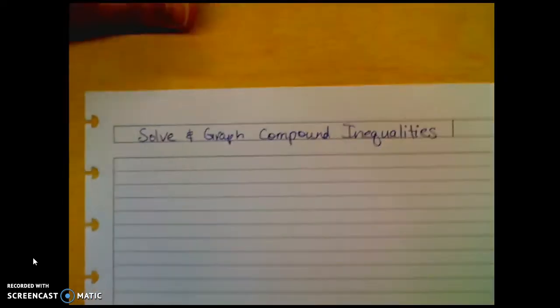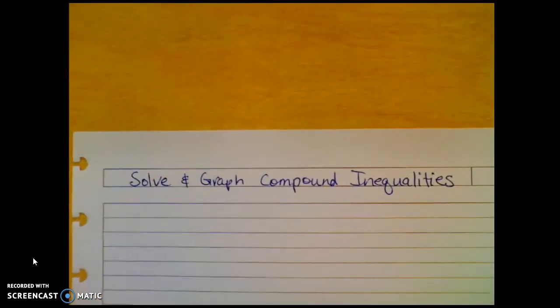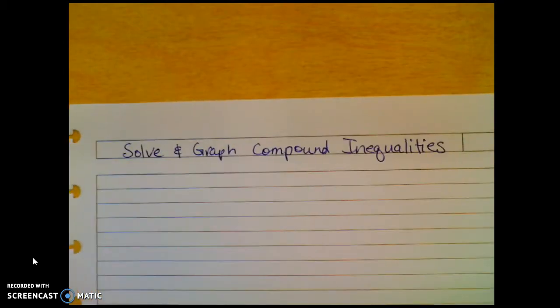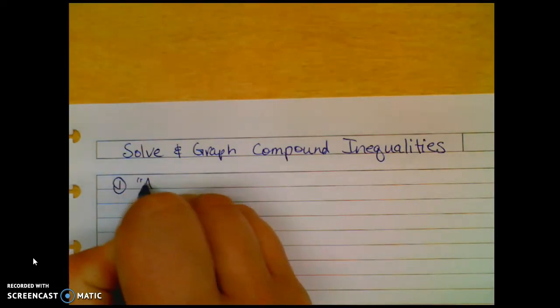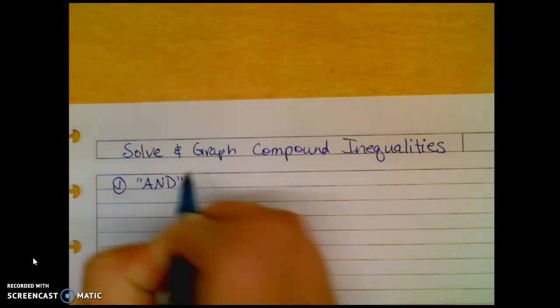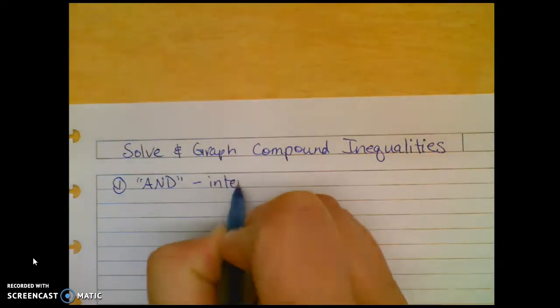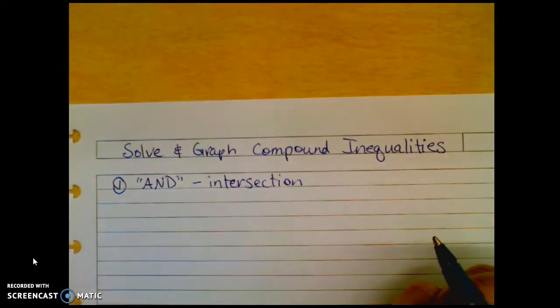So first, if you recall from your compound inequalities gizmo, there are two kinds of compound inequalities. The first is the "and" kind, which means intersection. And there is a symbol for this.